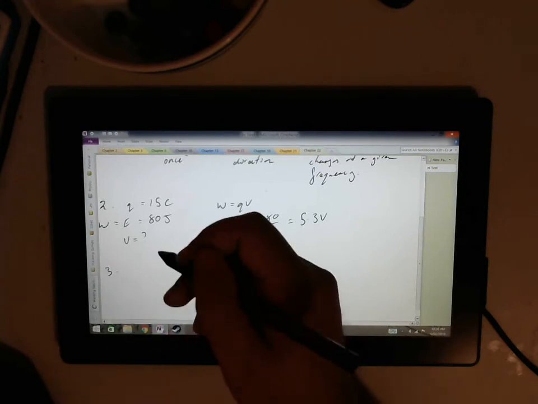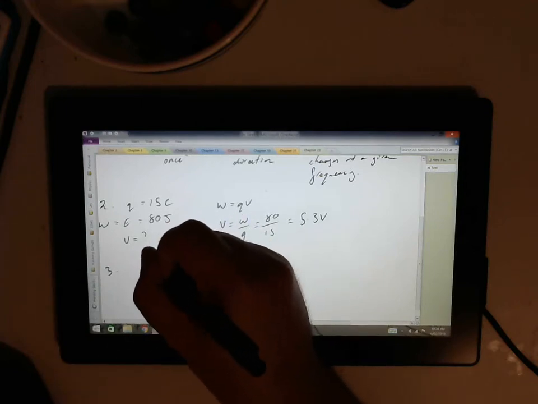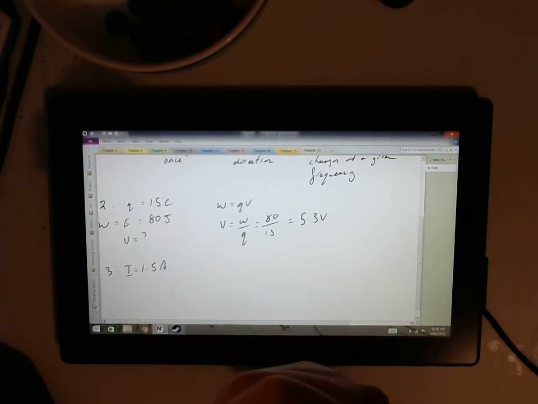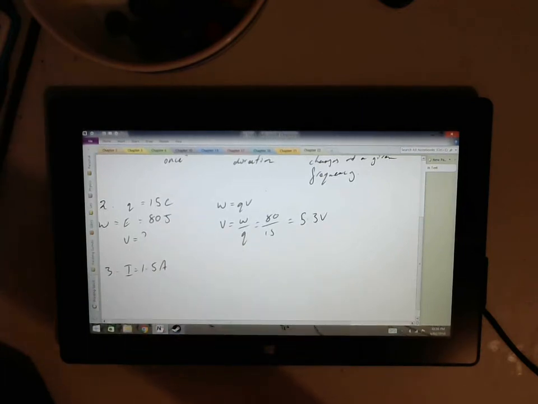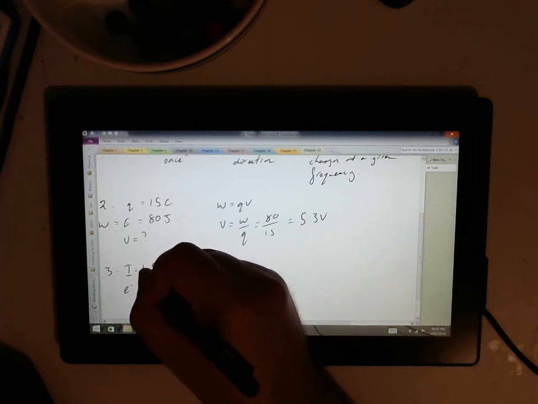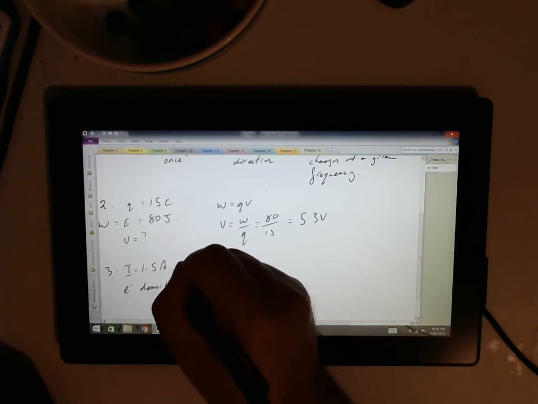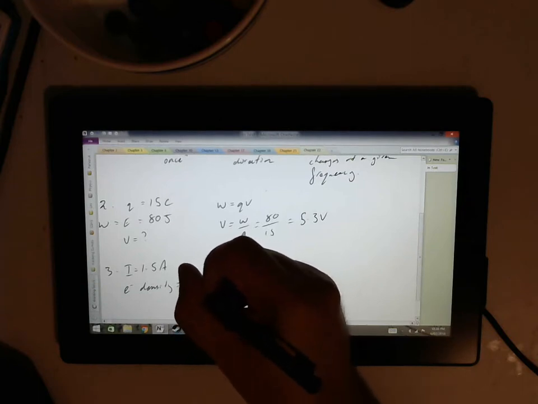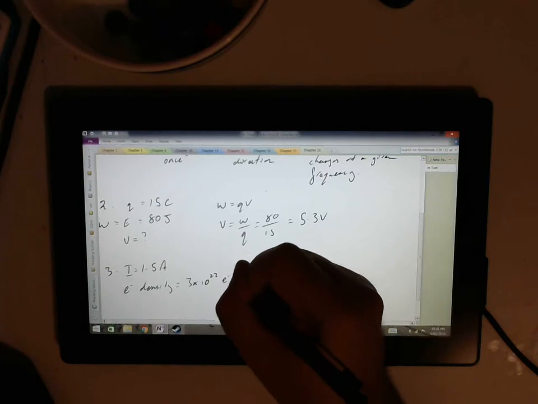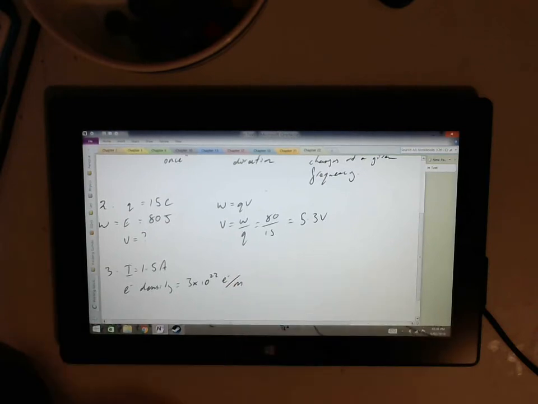So let's identify what we've got here. We have 1.5 amperes, and that was equal to I for current. We want to know what the electron density is, so I'm just going to write e-density equals 3 times 10 to the 22 electrons per meter.